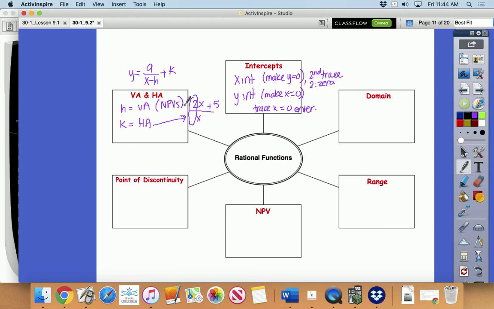Point of discontinuity. This is where you cross off a factor from the top and bottom of your fraction.